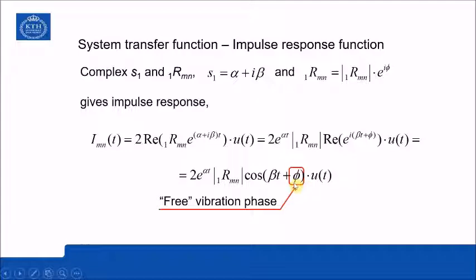If there is pi radians difference in phase, then we know that they vibrate in opposite phase, in opposite directions.